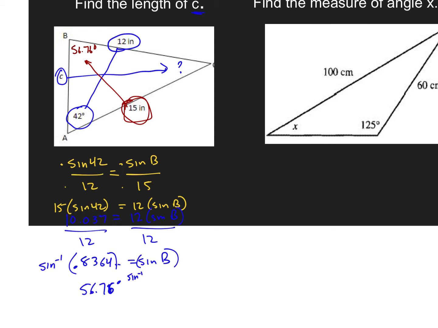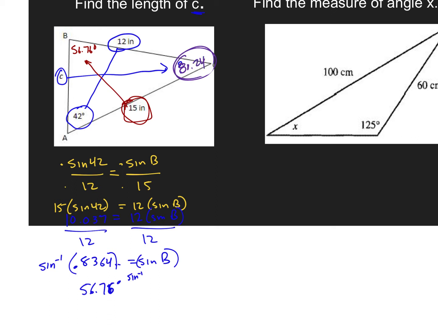Now why do I care? Why is that important? It's important because I really want to know what this angle C is. To do that, I can take 180 minus 56.76 minus 42, and I get this angle to be 81.23. Now, let's round it, 81.24.